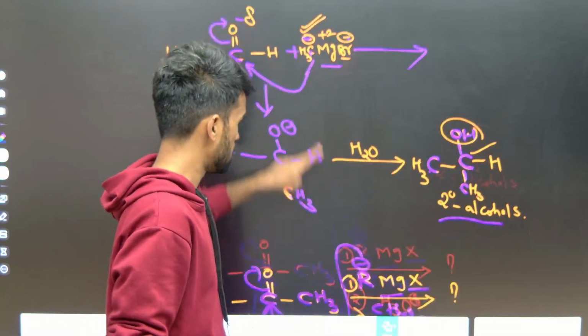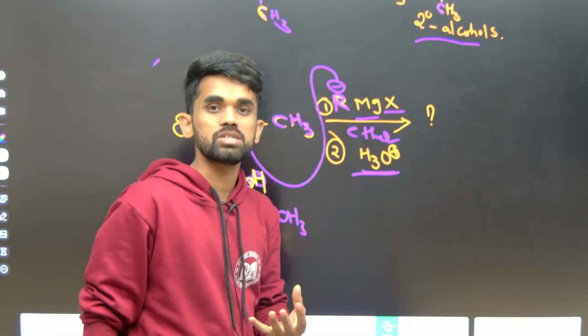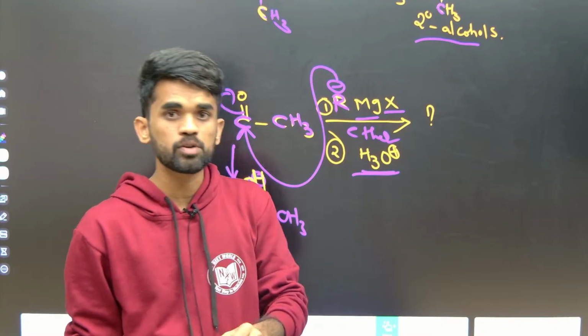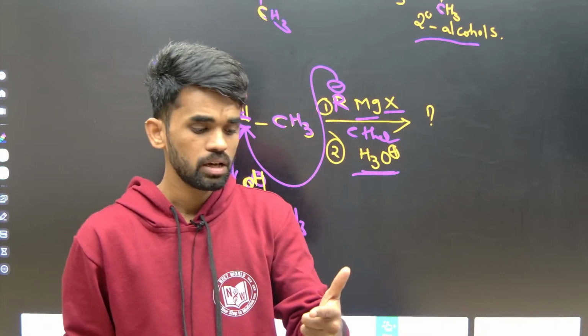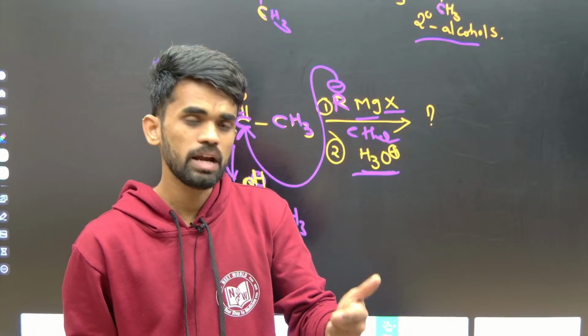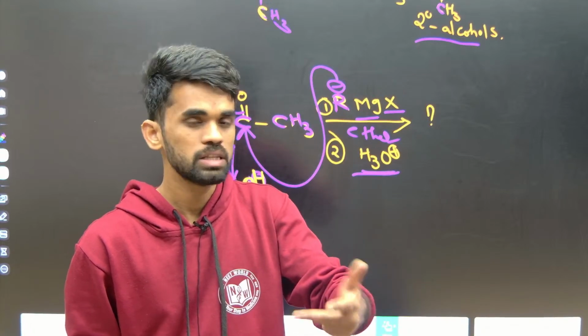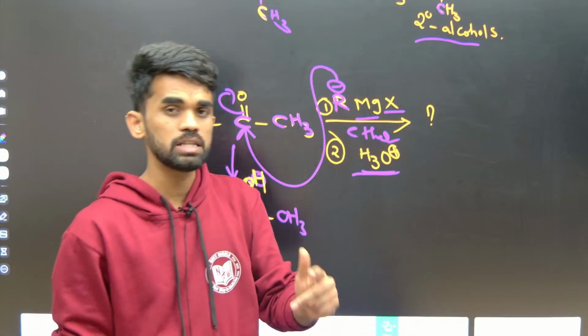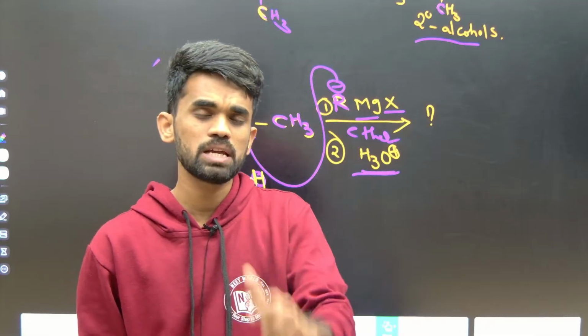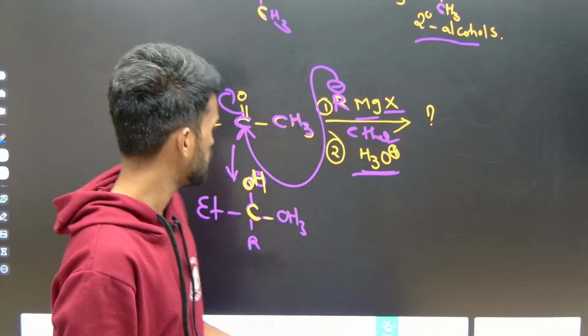Remember this statement because they will make statement-based questions here. Okay. So secondary alcohols are formed from aldehydes, like acetaldehyde, and one more, acetone, which is a ketone. They won't say ketone or aldehyde, they will mention names. Acetone is a ketone. So acetone definitely gives a tertiary alcohol. See why tertiary?